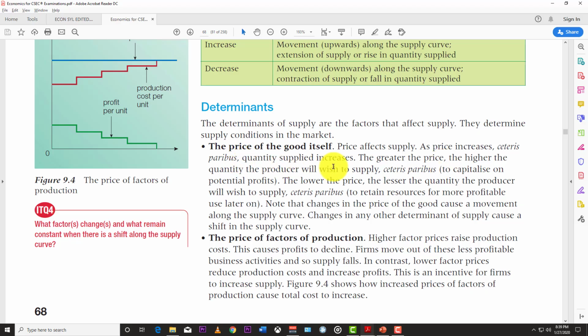That's the law of supply. The greater the price, the higher the quantity the producer will wish to supply, ceteris paribus, to capitalize on the potential profits. The lower the price, the lesser the quantity the producer will wish to supply, all things remaining equal, to retain resources for more profitable use later on.